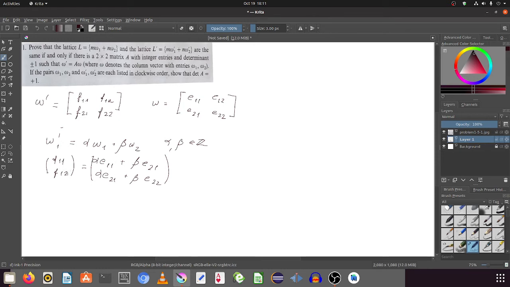And now we can write it as a matrix. It's annoying doing these details, but to make it totally clear, that's the only way to go about it.